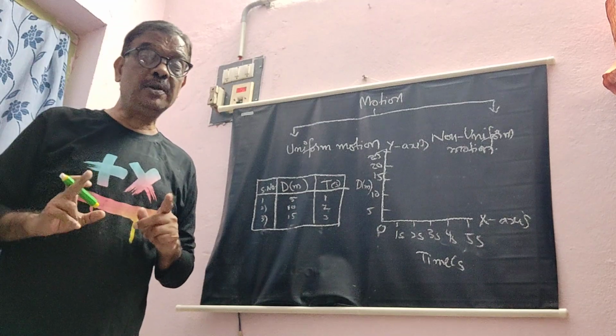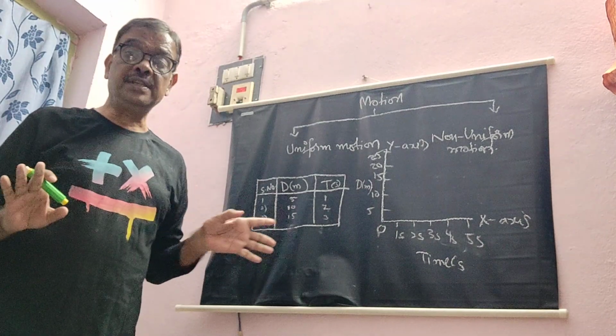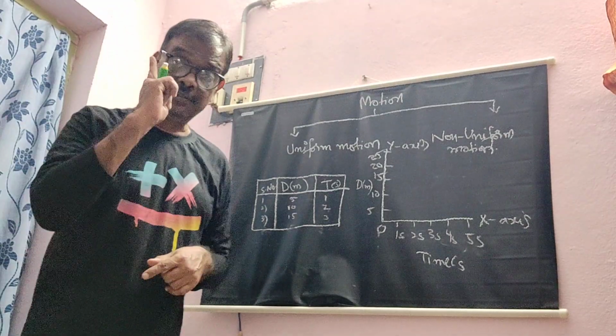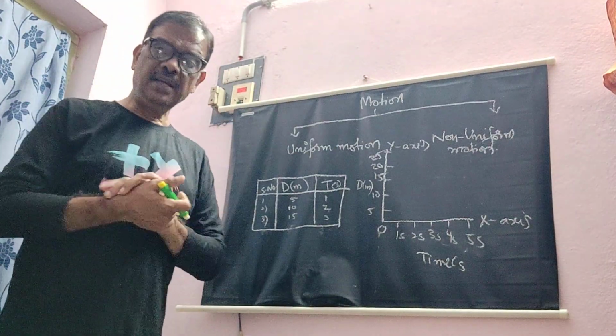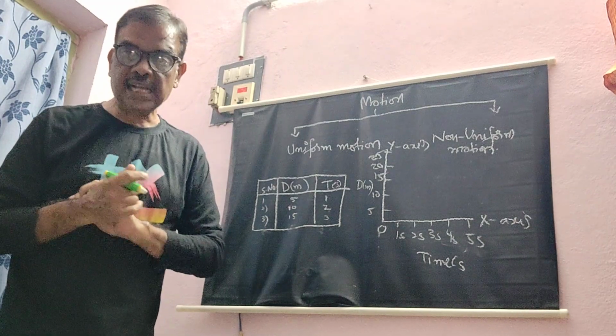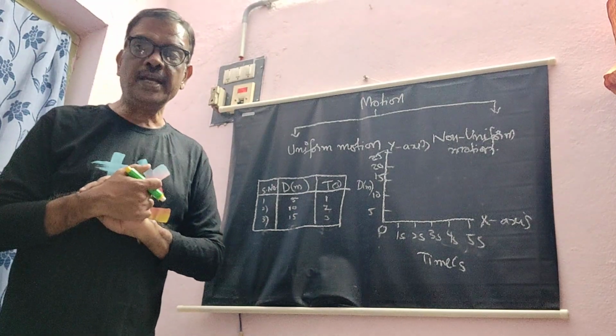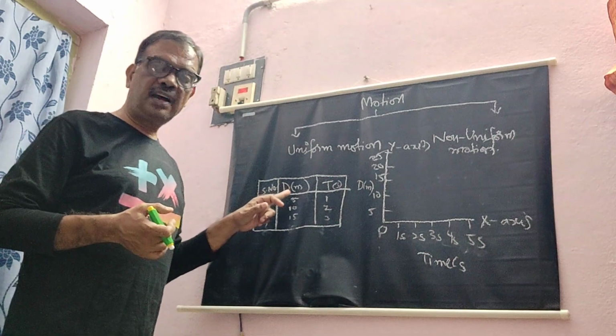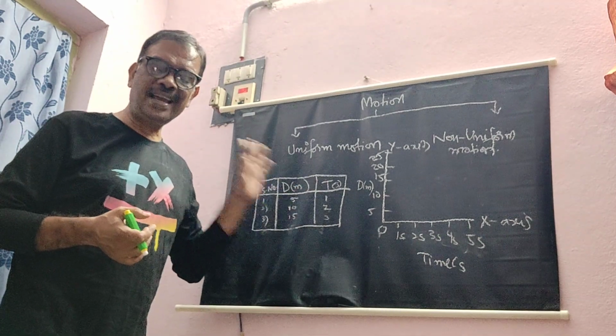Time does not depend on distance. Travel depends on time. I travel a distance of 5 meter in 1 second. That's why we take time on the x-axis and distance on the y-axis. So here we are plotting a graph of distance versus time.